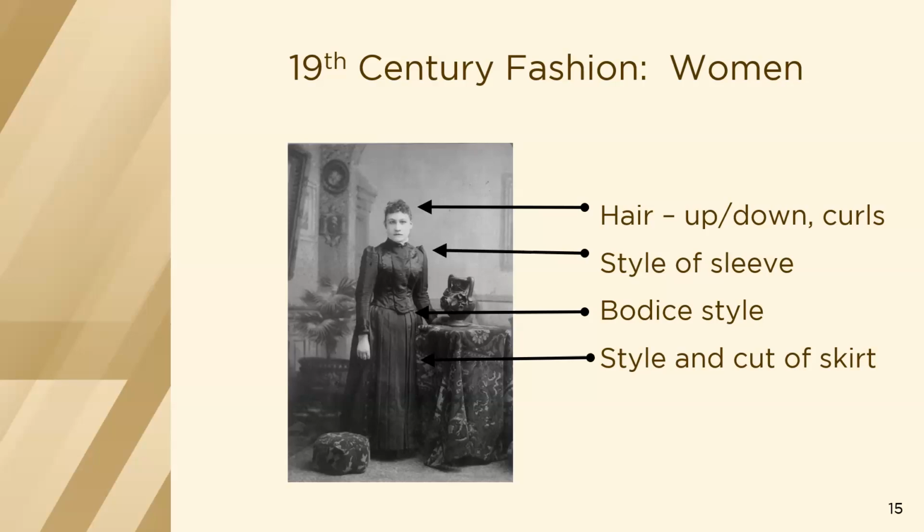We do have a name, so we can also figure out approximately when this was taken. This was taken at a studio. If you look at the background, you can see the flowers, kind of Victorian type items sitting around.